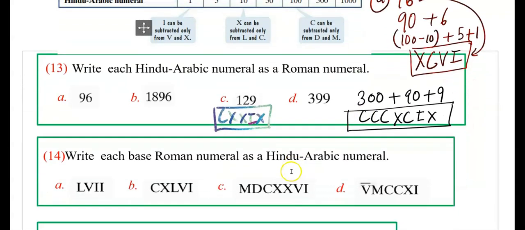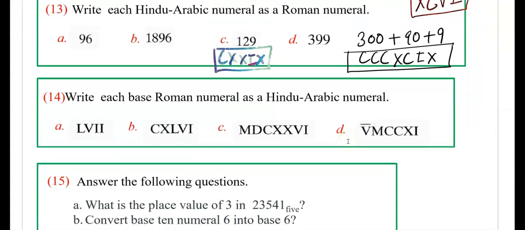All right, now question number 14. Write each Roman numeral as a Hindu-Arabic numeral. Okay, let's find the value of each. L is 50, V is 5, I is 1, I is 1. Okay, therefore notice that the sequence of the numbers is in decreasing order. You see that 50, 5, 1, 1.